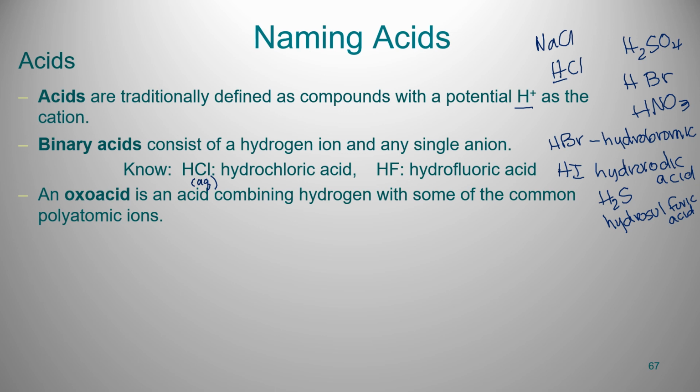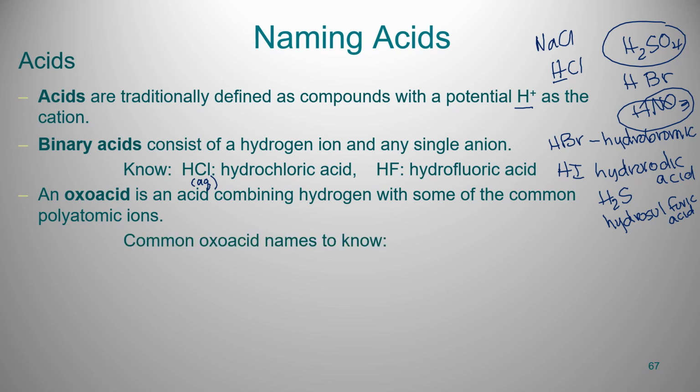Now oxoacids tend to be acids that have one of the common polyatomics. So that would be like H2SO4, HNO3. Those are a little bit easier, but we don't say hydrogen sulfate; we use different names. So here are the ones that you should be the most familiar with.